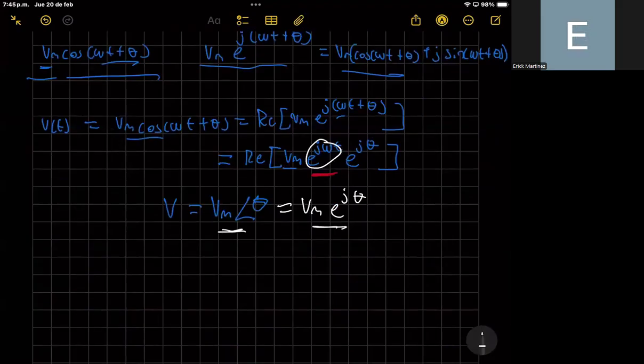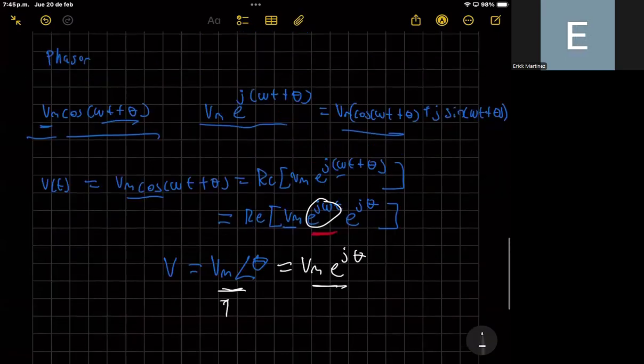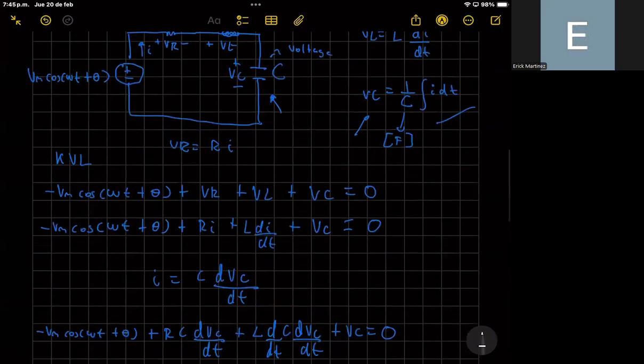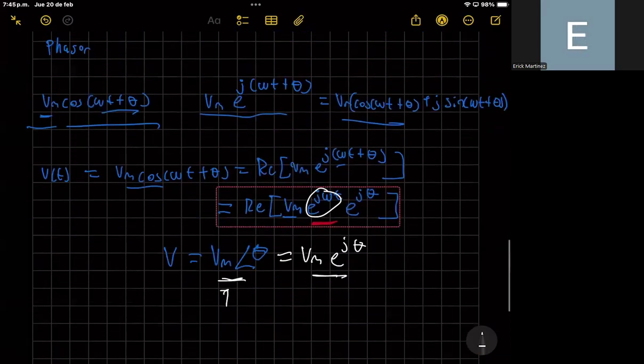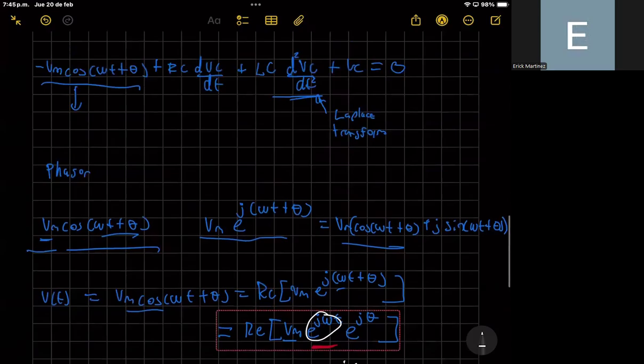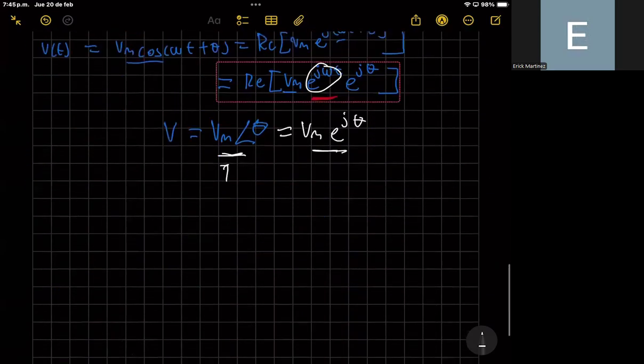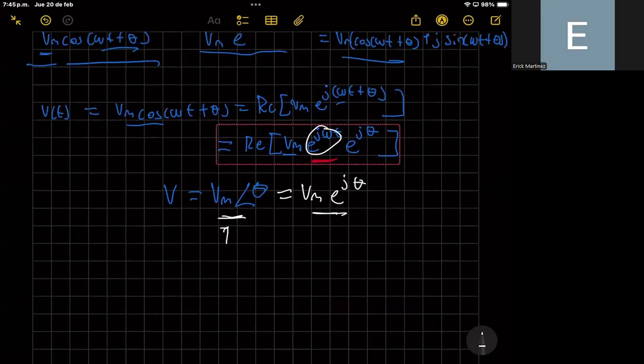And that is very useful because instead of working directly with this complex exponential, I can work with this complex number, that is Vm times e elevated to the j times theta, that I can express in polar based on this expression. I can work with a complex number instead of working directly with the sinusoidal, because I know that the real part of this complex number multiplied by this term will be equal to my original sinusoidal. So I can return to my original representation by considering these facts.